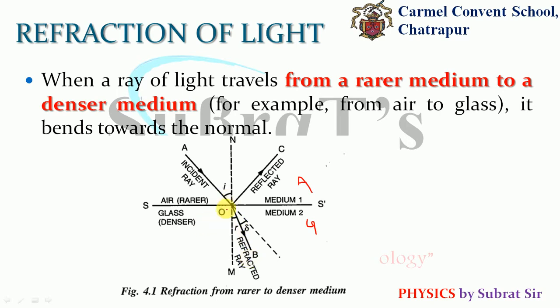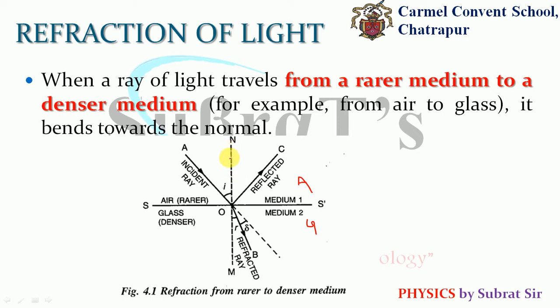If these two media were the same, then the ray would go along this dotted line. But as these are different media and the ray is passing from the rarer medium, air, to the denser medium, glass, it will bend towards the normal.